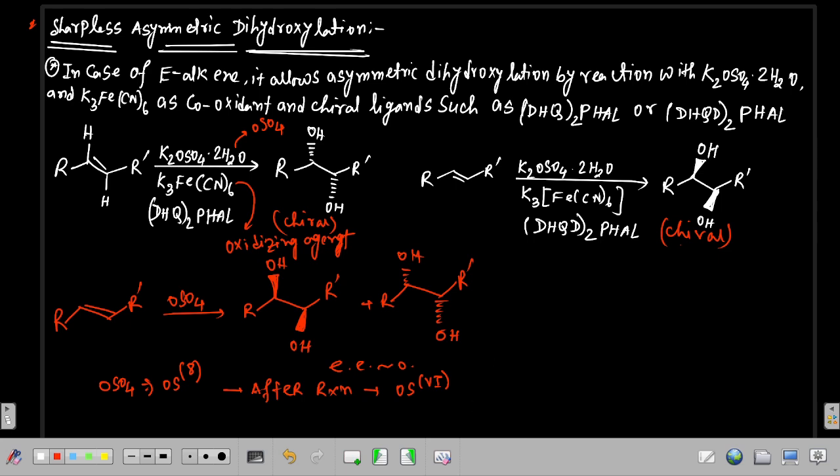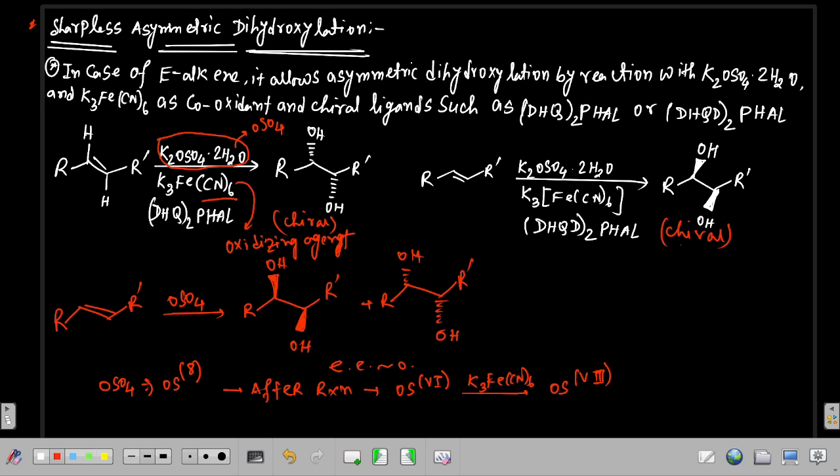So in presence of potassium ferricyanide, it will convert this Os(VI) to Os(VIII) again. So in that way we can use this reagent in a catalytic amount only. No need to use this as a stoichiometric reagent, because this is acting as an oxidizing agent.